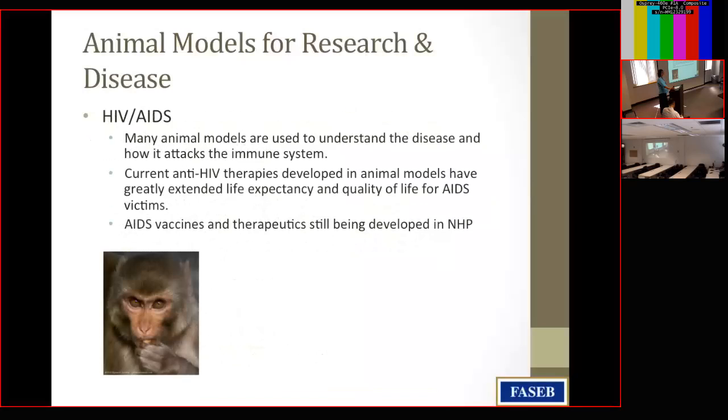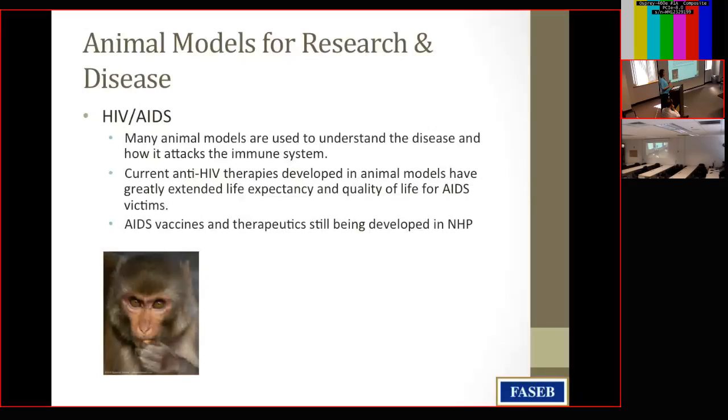We have an excellent monkey model of HIV and AIDS that was instrumental in the development of the current antiretroviral therapies, and it's still being used in the search for improved therapeutics as well as a potential vaccine for AIDS. And these are just a few examples of the many ongoing needs of animals in research.